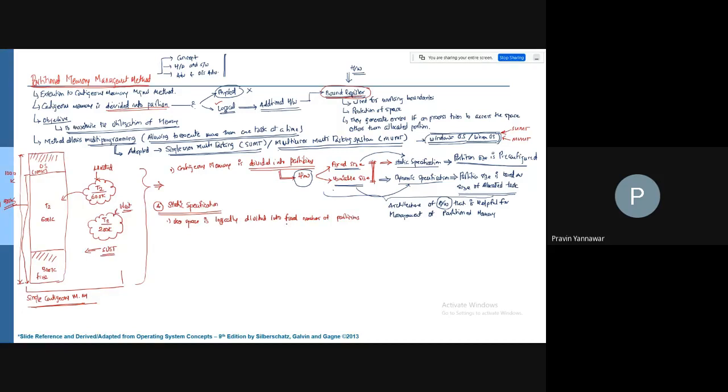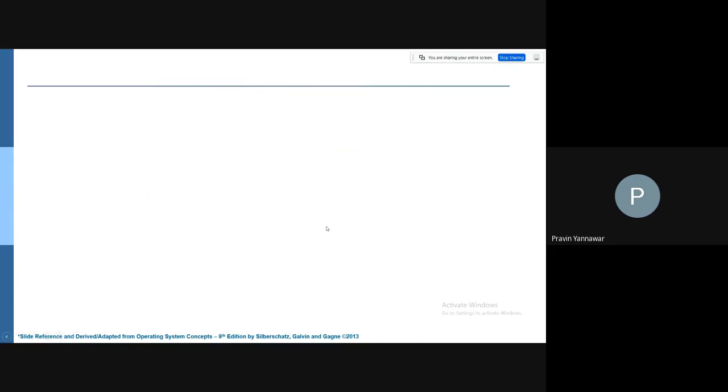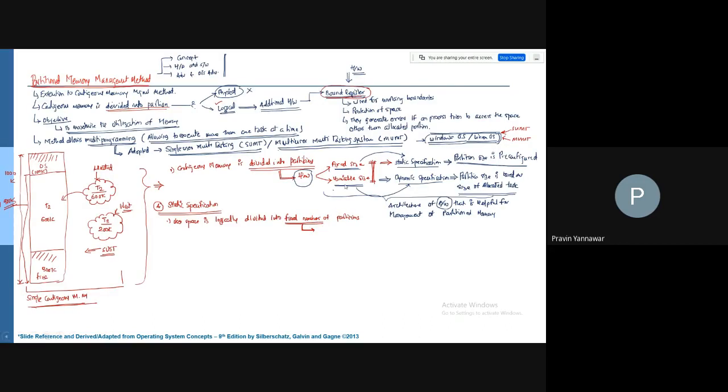Okay, so fixed number of partitions. When I say fixed number of partitions, there is a specific criteria you need to follow. User address space is logically divided into fixed number of partitions.